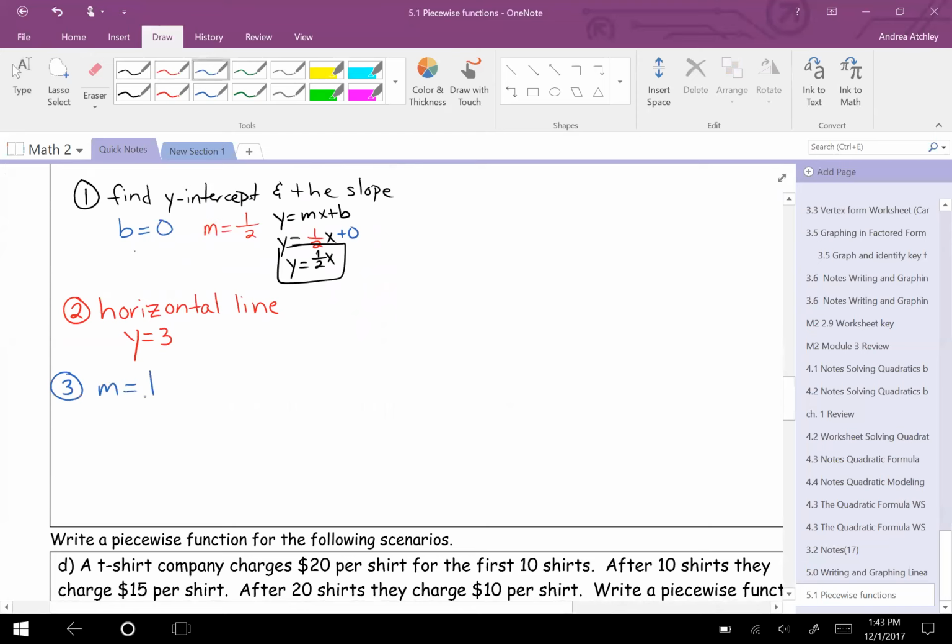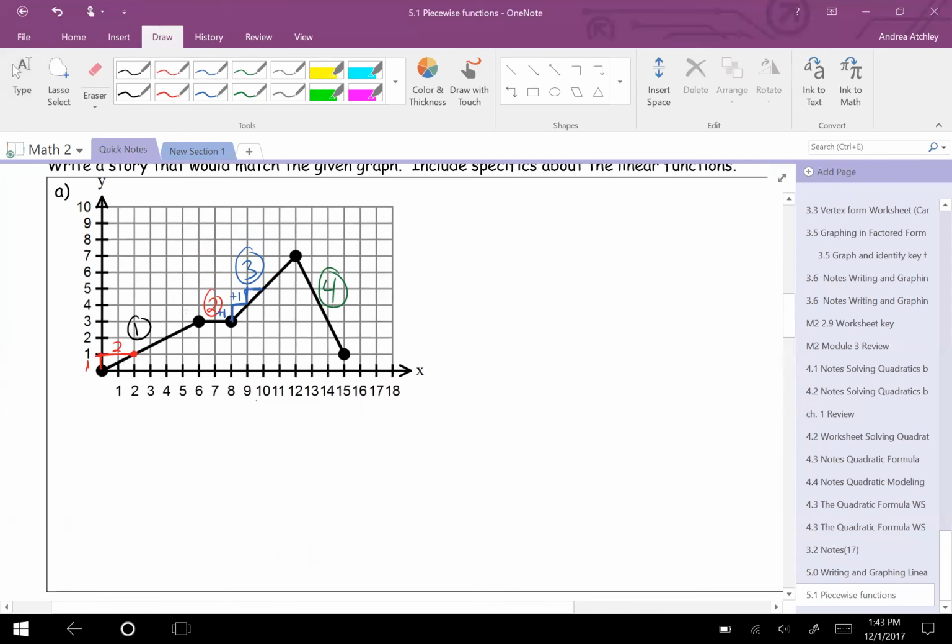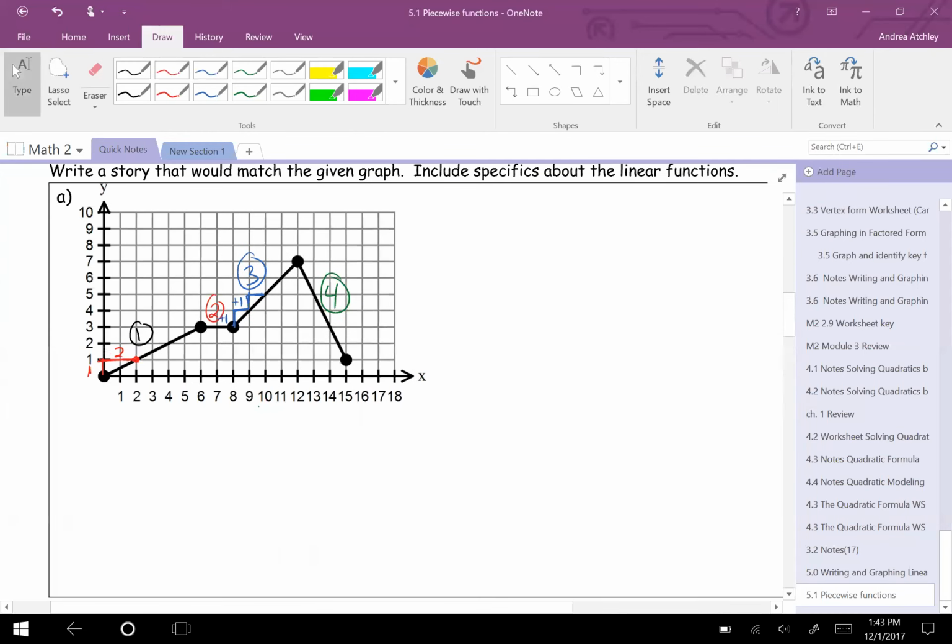M equals 1. Then we need the y-intercept. Does this cross the y-axis anywhere that I can see? No, it doesn't. So I don't know the y-intercept.